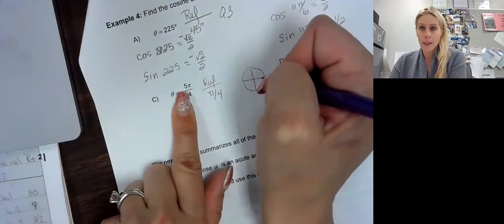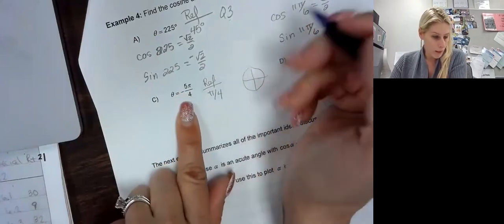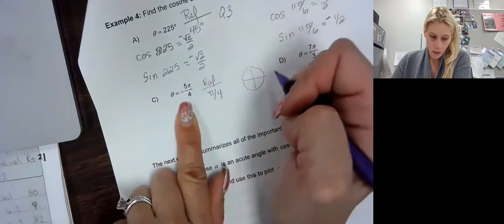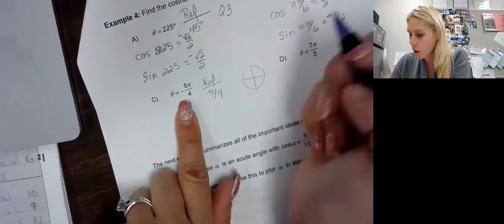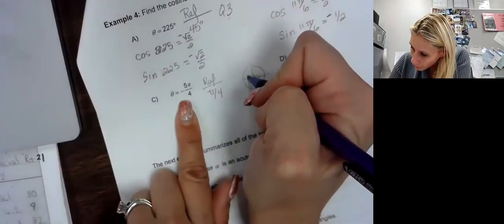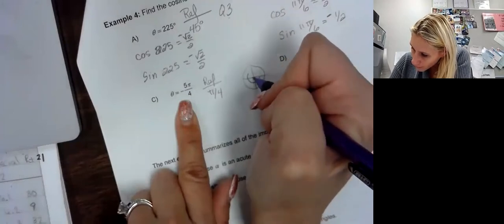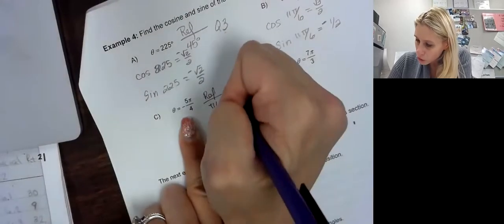Do you guys see that? Because 4 pi over 4 is 1 pi, leaving 1 pi over 4 left. So really 1 pi, and then we need to go to 1/4 right here. What quadrant is that in? That's in quadrant 2.